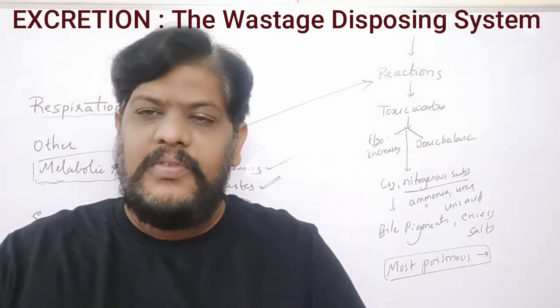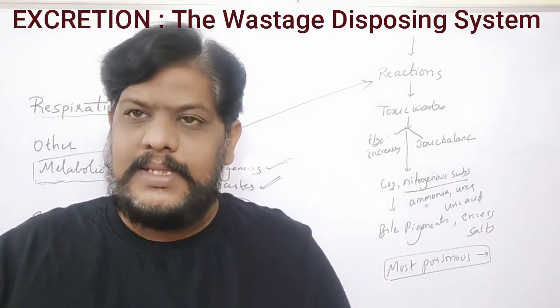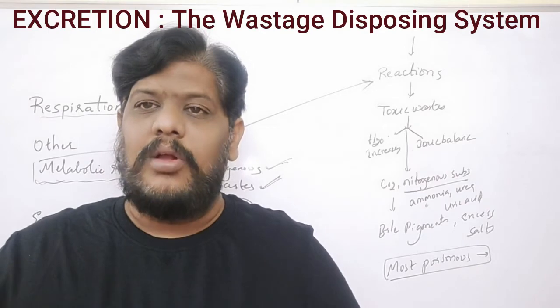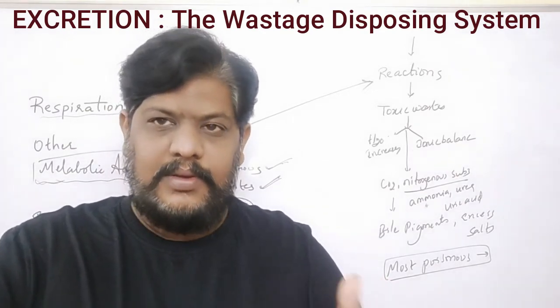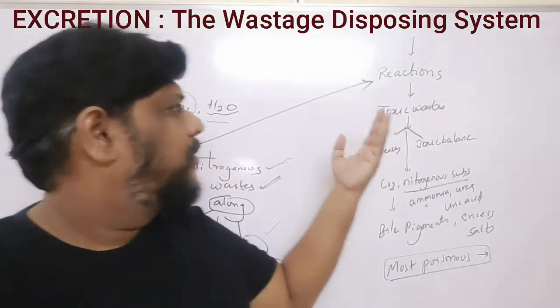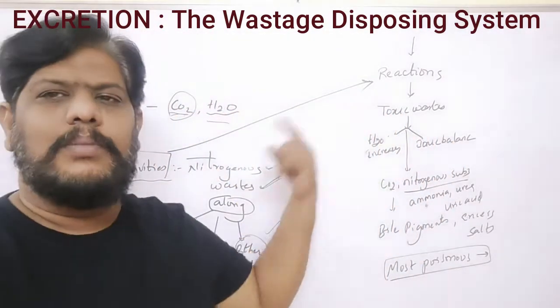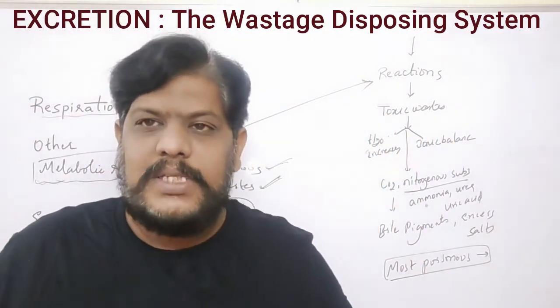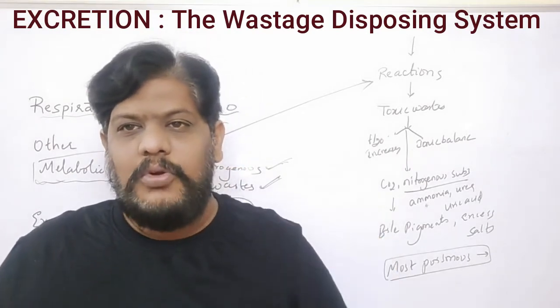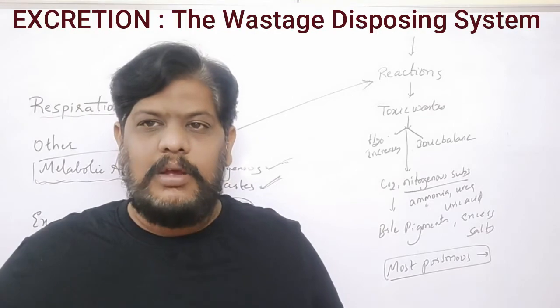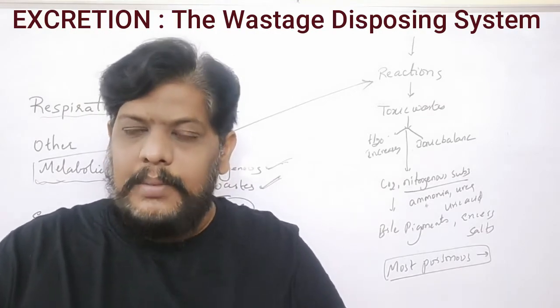A lot of reactions take place in that, and when these reactions are carried out, a lot of toxic waste is produced. Many poisonous materials are produced. Toxins, in the sense, are harmful to our body. They should not be in our body, and they should be immediately removed from our body.